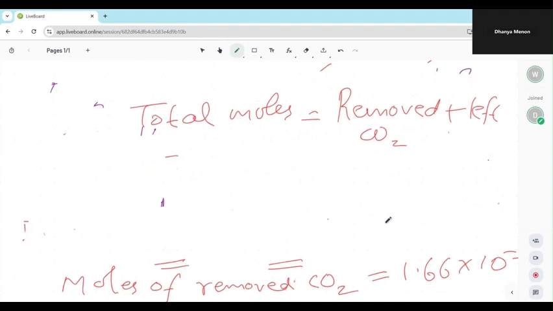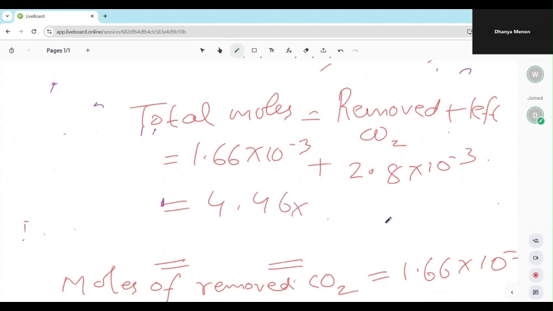How much is the removed moles? 1.66 times 10 raised to minus 3. How much is left? It's already given in the question: 2.8 times 10 raised to minus 3. When you add them, you get 4.46 times 10 raised to minus 3. This is the total moles of carbon dioxide taken.